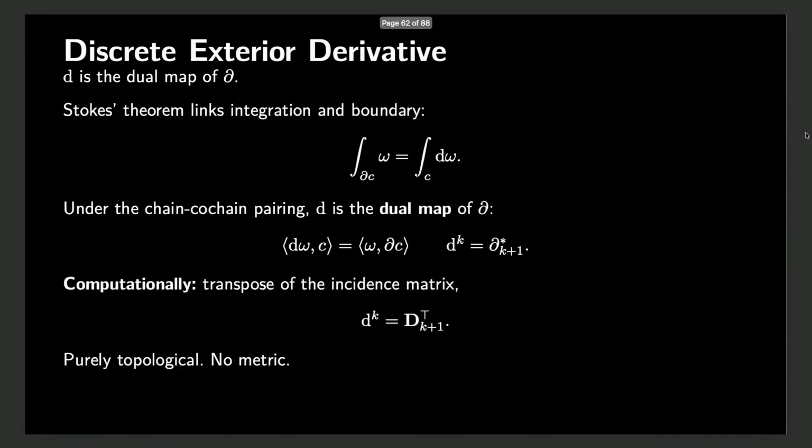Computationally, this really just means that our discrete exterior derivative is a matrix which is the transpose of the signed incidence matrix. And here you can again appreciate how the exterior derivative, also in the discrete setting, is purely topological. It just uses the incidence relations.